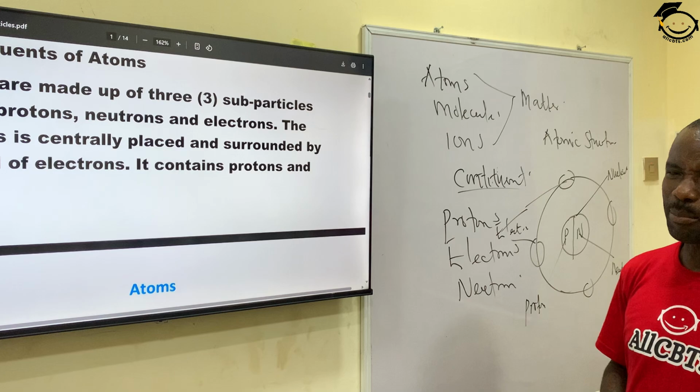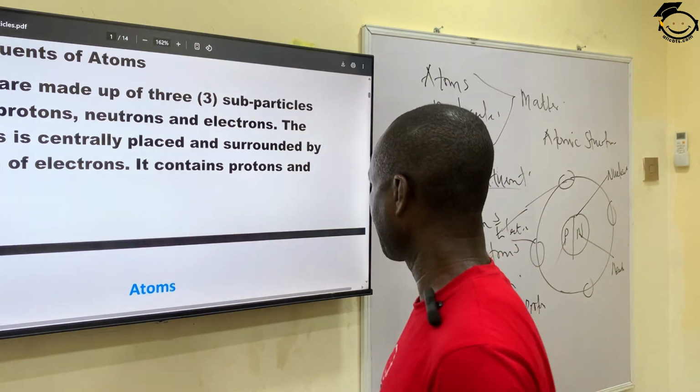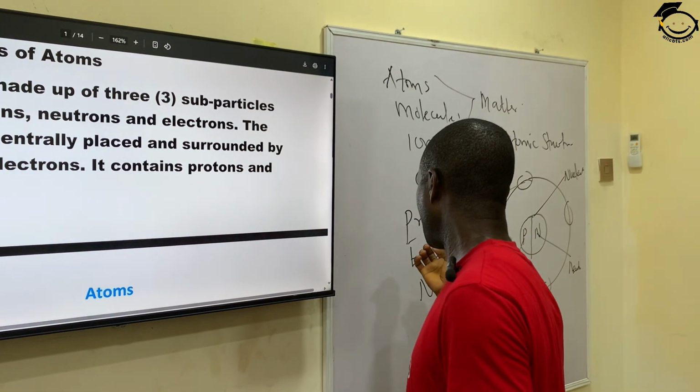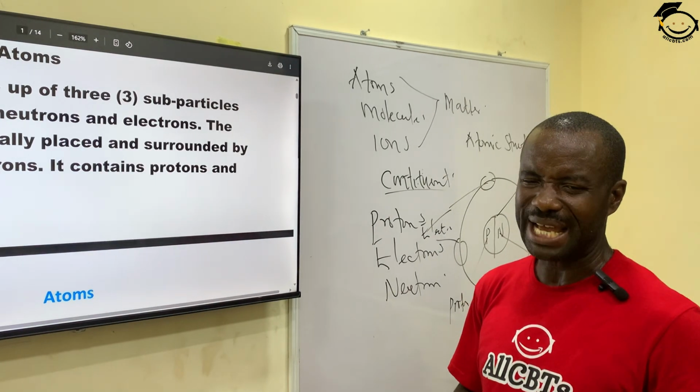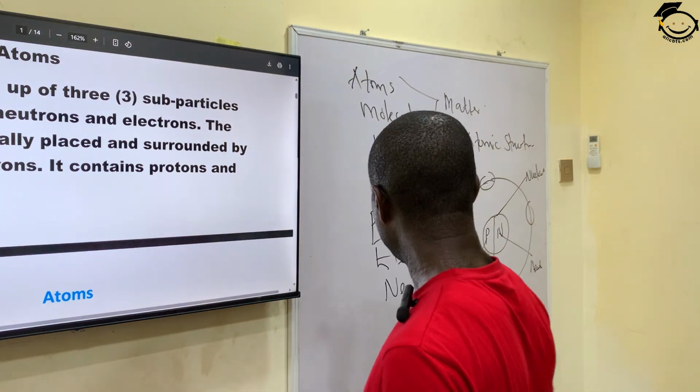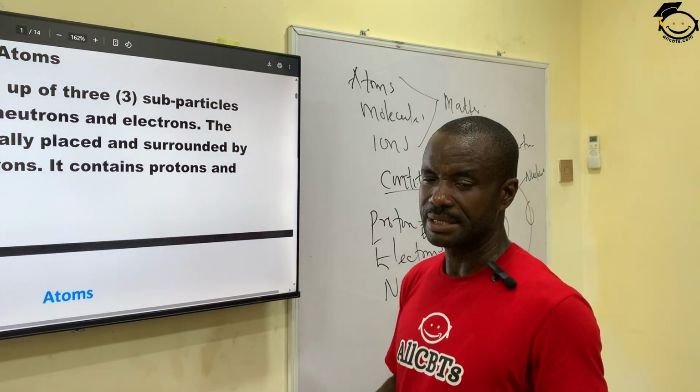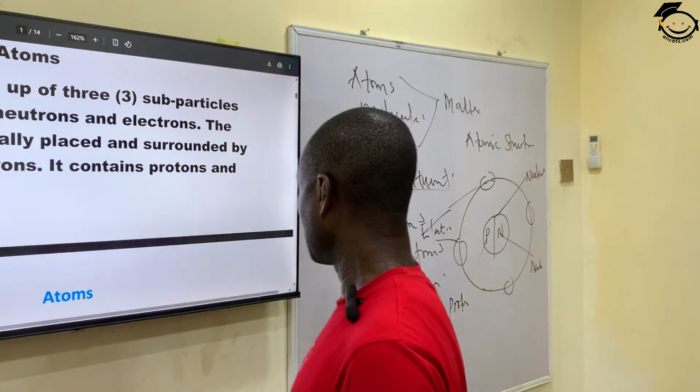The protons are positively charged with a certain amount of mass, while the electrons are negatively charged. The proton actually complements the electron. What do I mean by that?